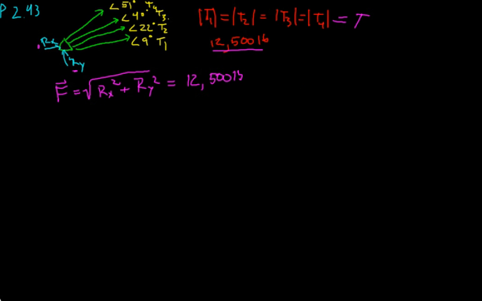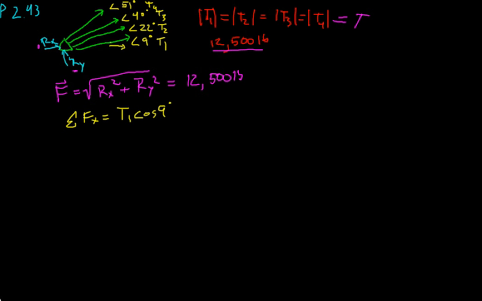So next step, we need to figure out what's going on in here. If you remember, the first thing you always do when you're looking at these kind of problems is sum the forces in the X and sum the forces in the Y. So we'll start with the X. Start with T1, and remember, multiply by cosine of 9 degrees, because that's the X component of this vector.